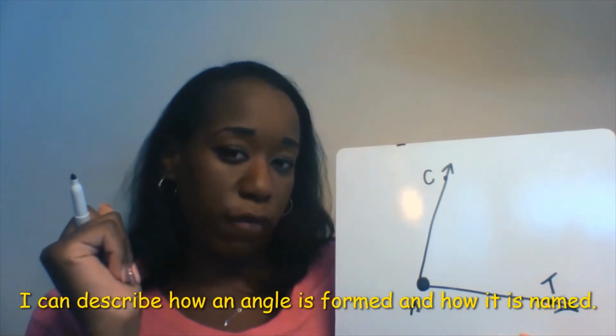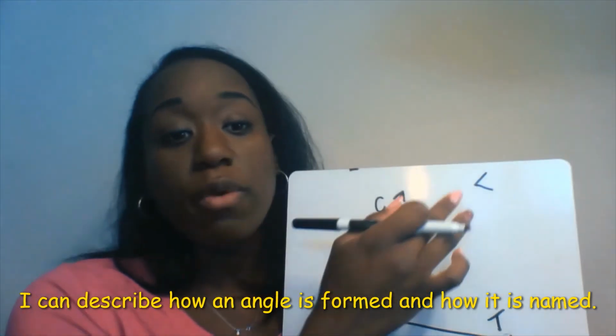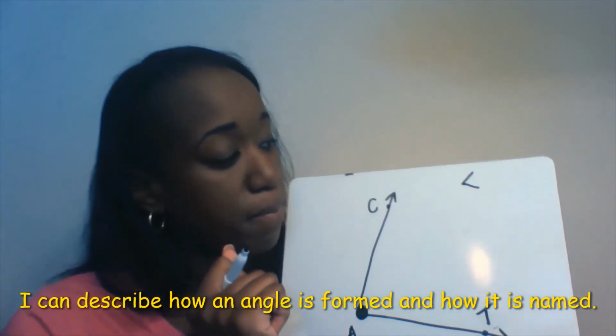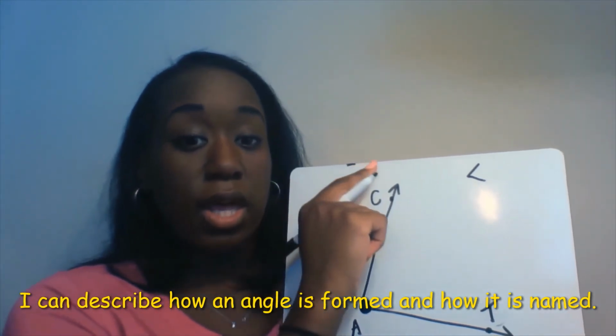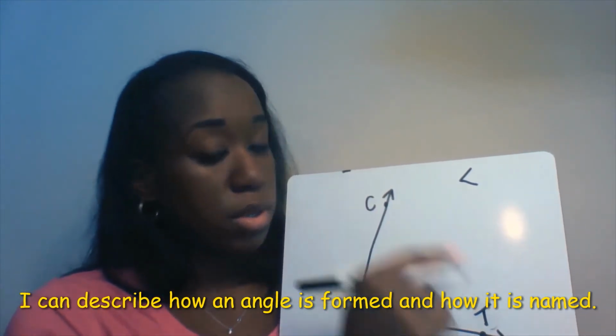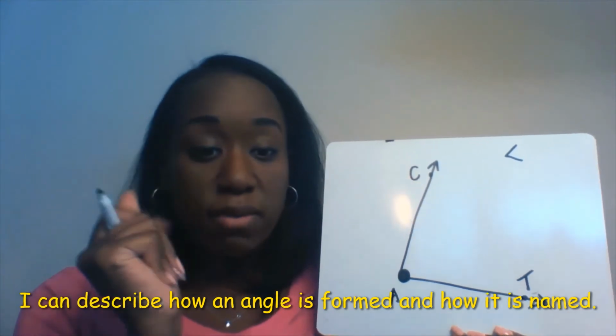Here it's just a little different. To name this, it's an angle, so you will start with just a little angle symbol, okay? And then you will start with either side of the angle. It doesn't really matter which one you do. There's 2 ways of naming it.